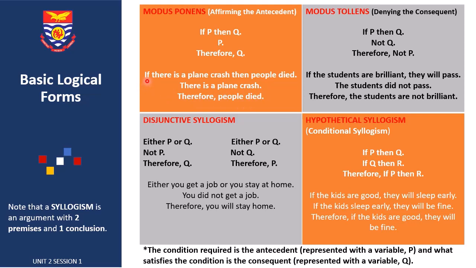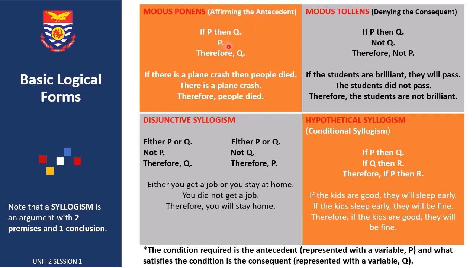So we have here, if P, then Q. And it comes to state P, therefore Q. It's as simple as the fact that if P happens, then Q will follow.